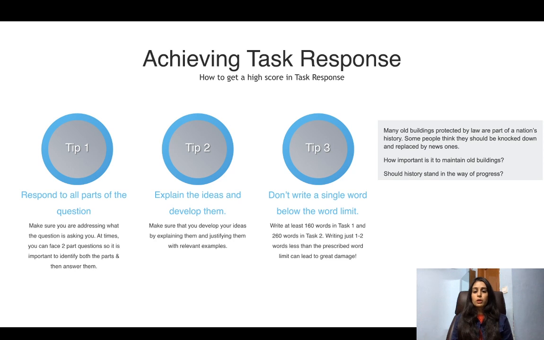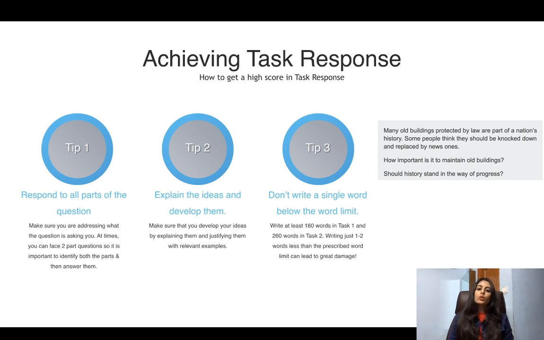It tells us about the history, the Mughal Empire, the Mughal period, etc. So this is how you make your idea relevant and you justify it with an example. If we're supporting that we should maintain old buildings with the example of the Taj Mahal, and we're also saying that it's a part of our rich heritage which tells us about our history, this is how you build up, and not just state that yes, it is very important to maintain old buildings. So it should always be relevant.